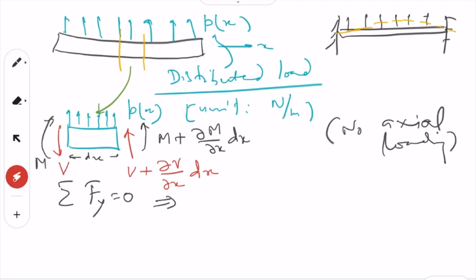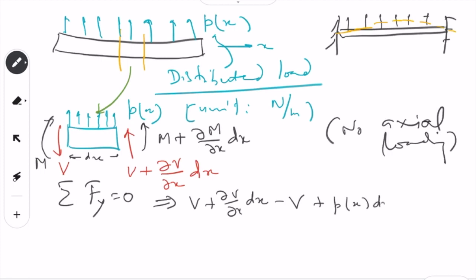So what do we get? We have V plus del V over del x dx, which is the upward force, then the downward force is V, so minus V, then the upward force is Px, so plus Px times dx, and all will be equal to 0 because this is a static condition.